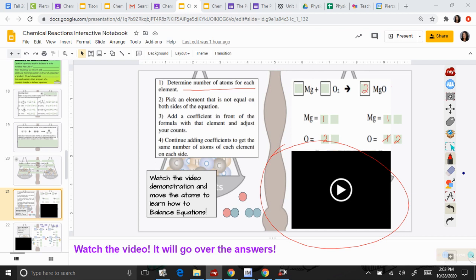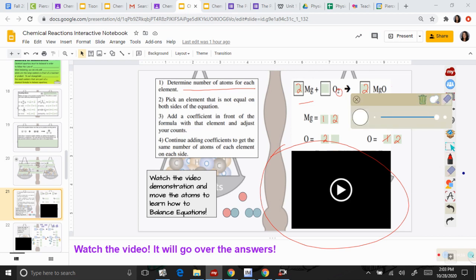Now instead of having 1 Mg, I have 2. So I need to come right here and make this Mg a 2. I can't just do this, so I need to make it right in the formula. So I'm going to put 2 Mg. Now, to know if I'm done, I have 2 Mg, 2 Mg, 2 O's, 2 O's. So I am done with that one.